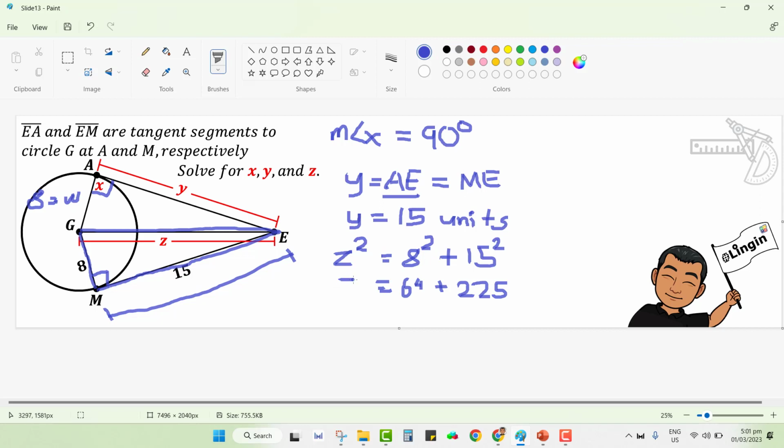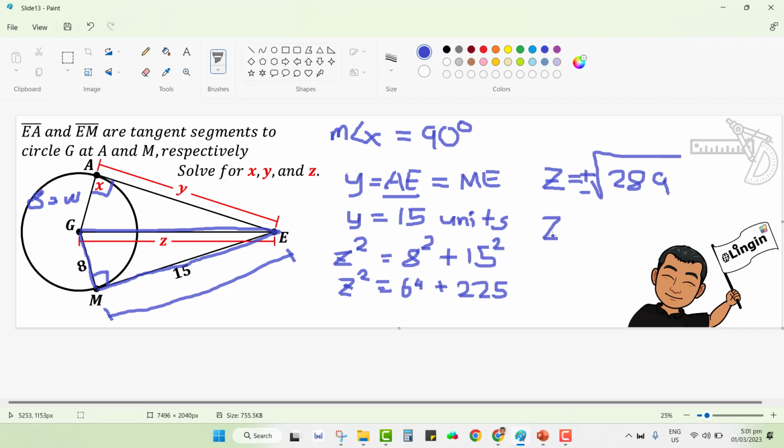This is still Z squared, not yet Z, but we're looking for the measurement of Z. In order for us to finish this, we can just take the square root of both sides. We will get the value of Z, which is equal to the square root of 64 plus 225, which is 289. Don't forget that when you take the root of a number, we always consider plus or minus.